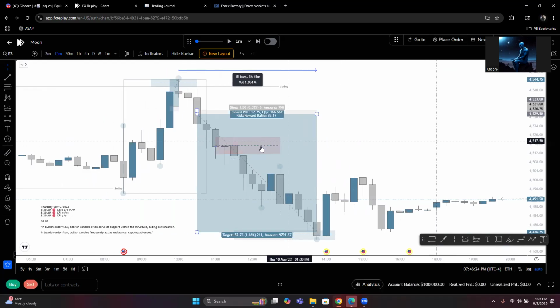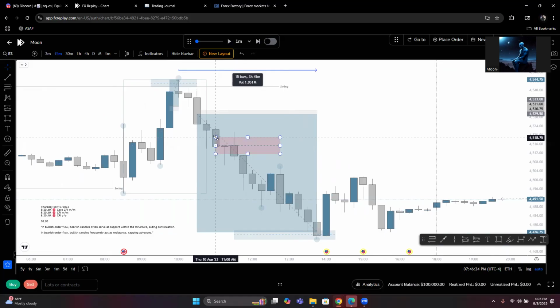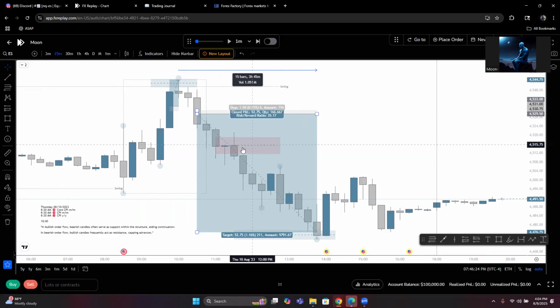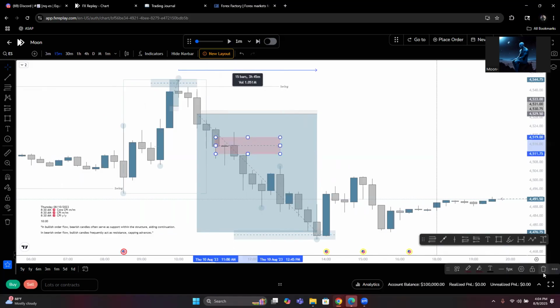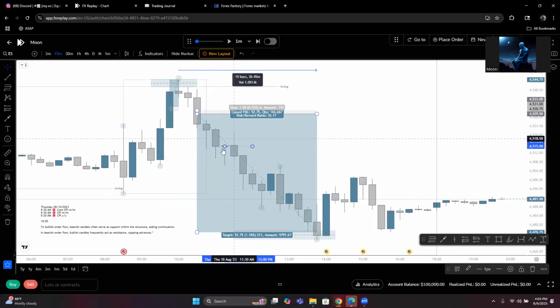Do you see that? So you got stopped out right here, but are we bullish though? Is there any market structure shift to the upside? Like what's going on here? But what we do see when we take this off is what? A 15-minute bullish candle.